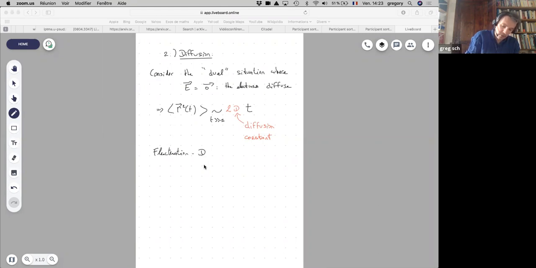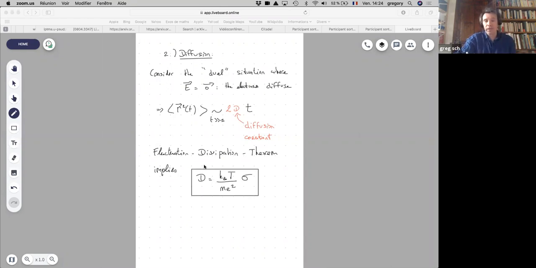Some of you have heard about such relations, but I will not elaborate too much on that. But fluctuation dissipation theorems imply a relation between D and sigma. Let me just write it: D equals k_B T divided by n e squared times sigma. This is sometimes called the Einstein or Kubo formula. This has to do with the linear response of the system.